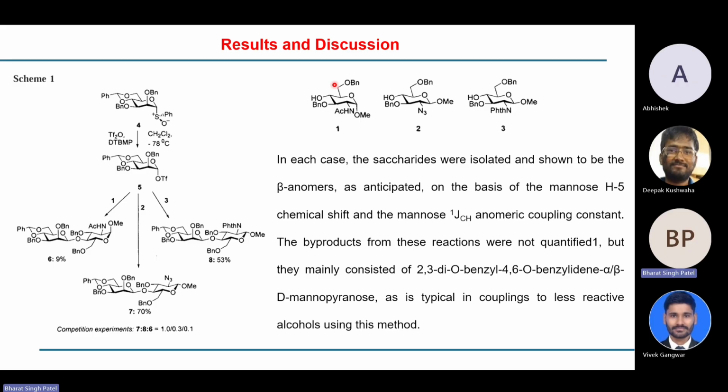Even though they kept all the conditions anhydrous, they were ultimately coming to the hemiacetal formation. So we cannot increase the catalyst loading or the promoter loading to overcome this problem.